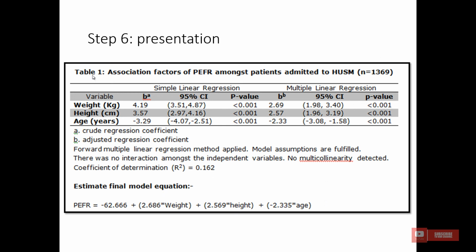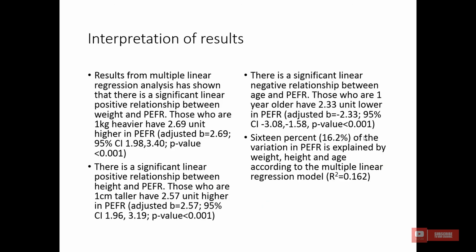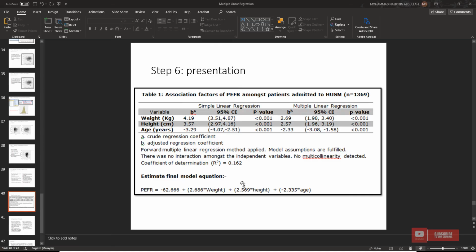And then if you look at the title, the association factor of PAFR among patients admitted to HUSM with the number of sample size. That's how we present the data. And then you start on interpreting the data. You can read this one, right? Interpreting the data one by one, right?